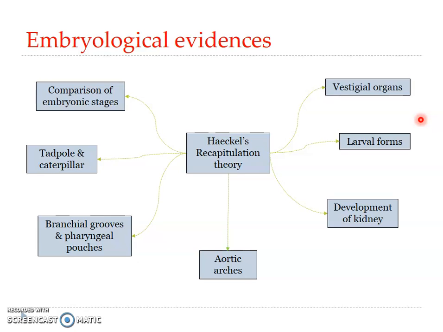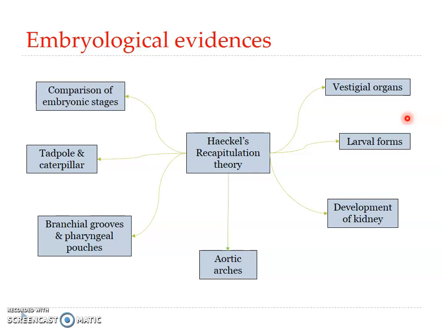Okay. Now, regarding the vestigial organs, the development of some non-functional structures in some embryos, which are to disappear later, can also be explained in the light of recapitulation theory. For example, the canine teeth appear in the embryonic stages of rabbits, which disappear before birth.